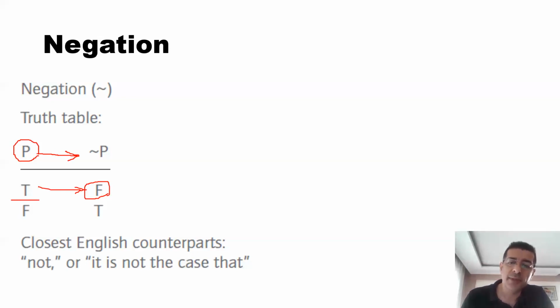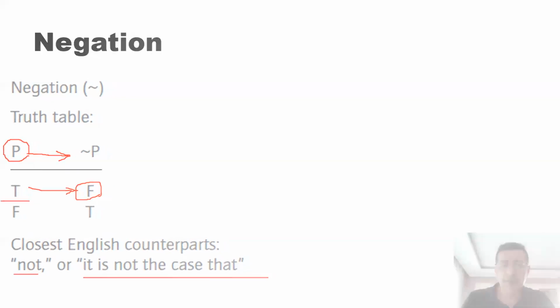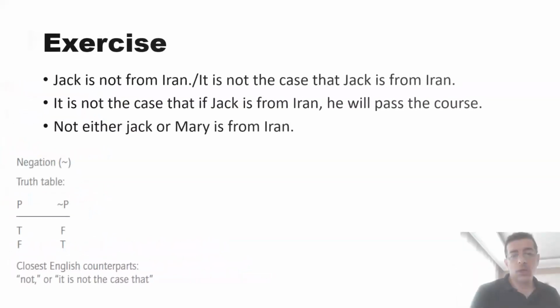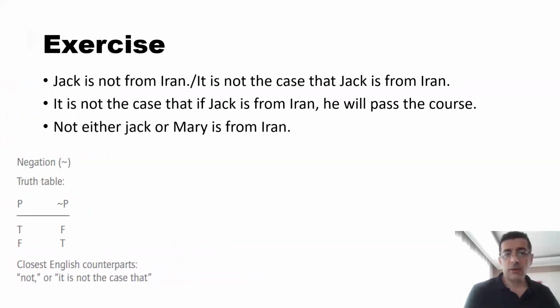As you can see, we have not, or it's not the case that, to represent negation. So let's move ahead and see what we have on the next slide. Okay, now look at these examples and translate these ordinary claims into propositional forms.